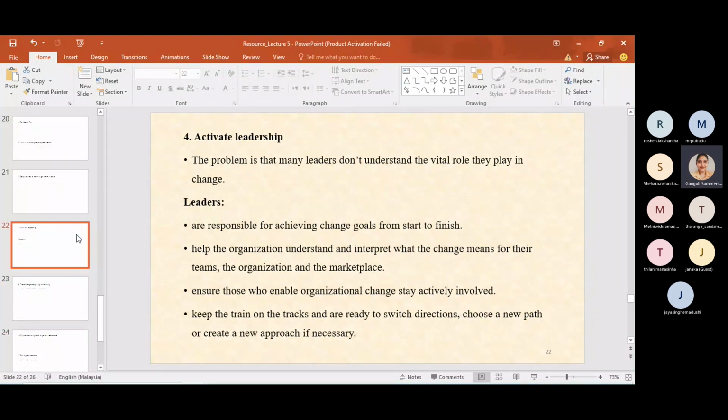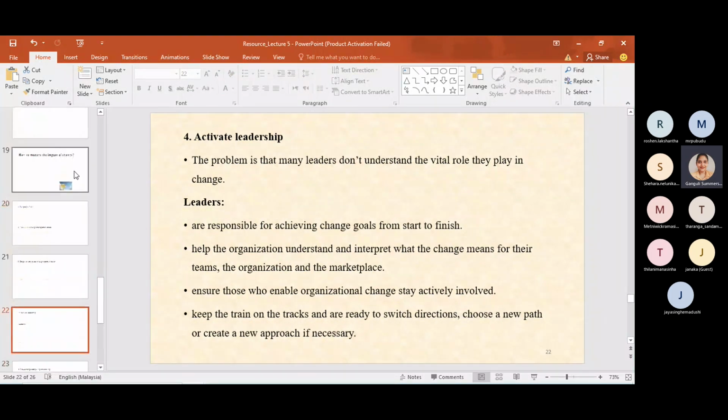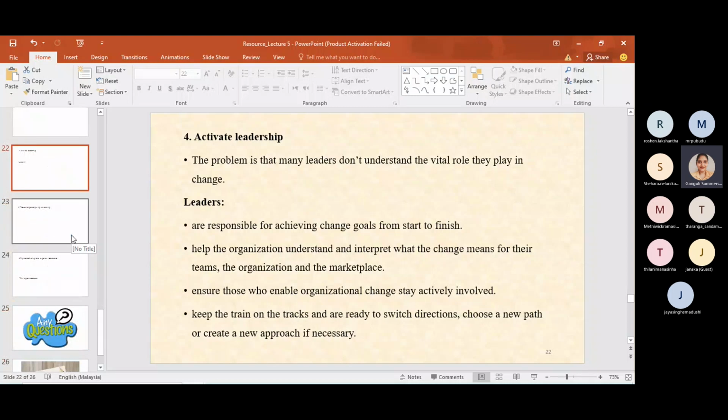Active leadership is another strategy that you can follow to manage the impact of changes. Even when you see the word, you can understand what this means. Active leadership means being an active leader, like performing your leadership role in an active manner.